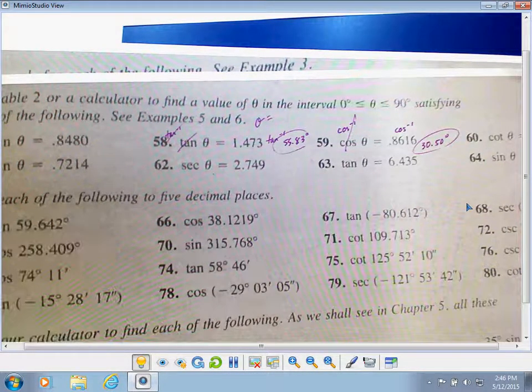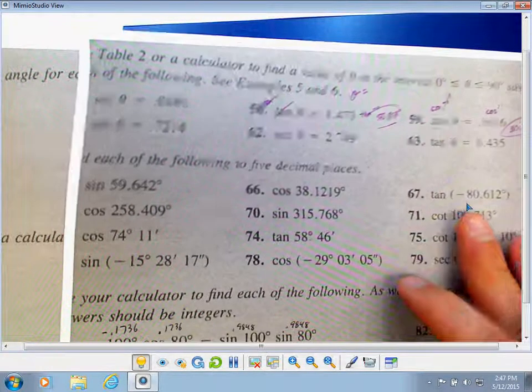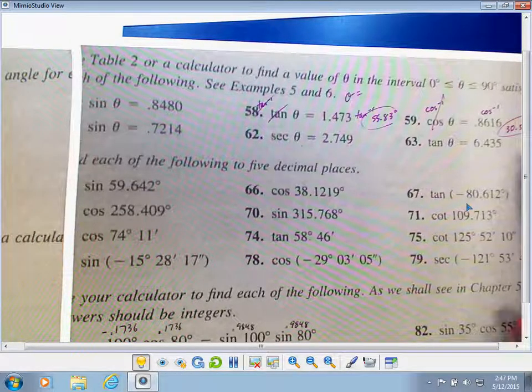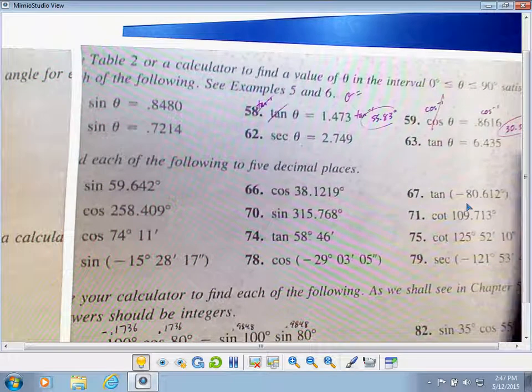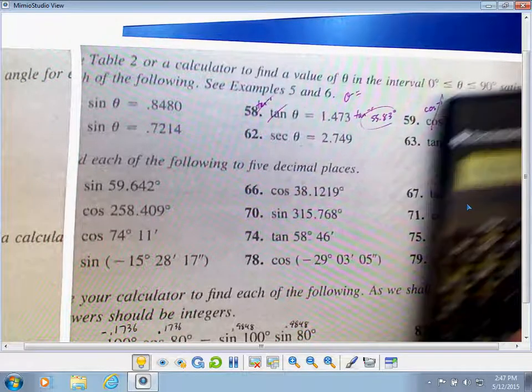Okay, so then looking at the next set down, it says something about do each one of these to 5 decimal places. Again, this is just straight calculator work. So like for number 66, to type that in, you would type 38.1219 and hit the cosine button, and you get this.